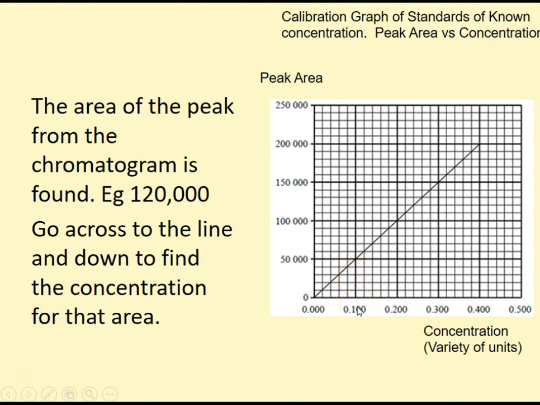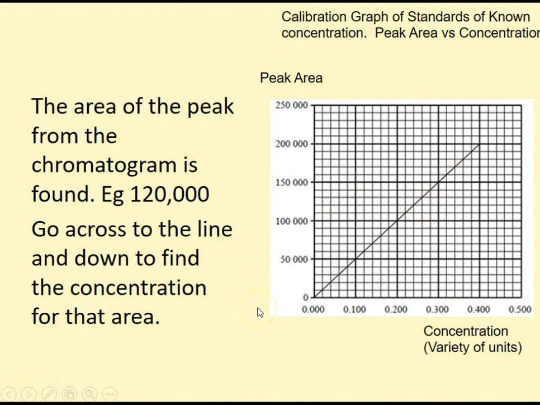You put that chemical in, let it run through, and then when you got the peak, you measured the area and found it was 50,000, whatever they're using to measure the area. And then you do another one with a 0.2 concentration, put it through and measure the area and find it's 100,000. So you do your standards of known concentration, and then you plot your graph.